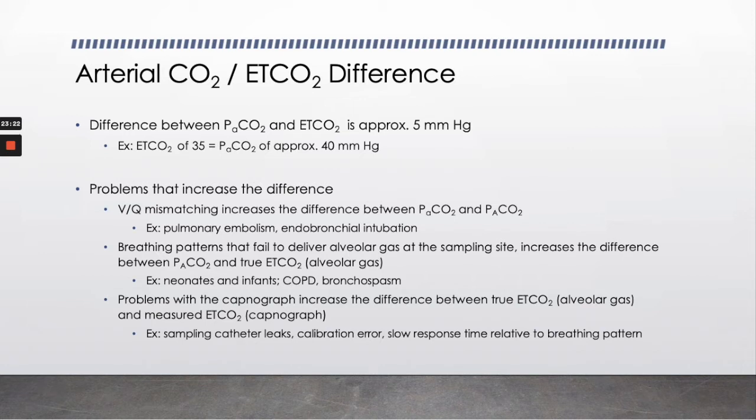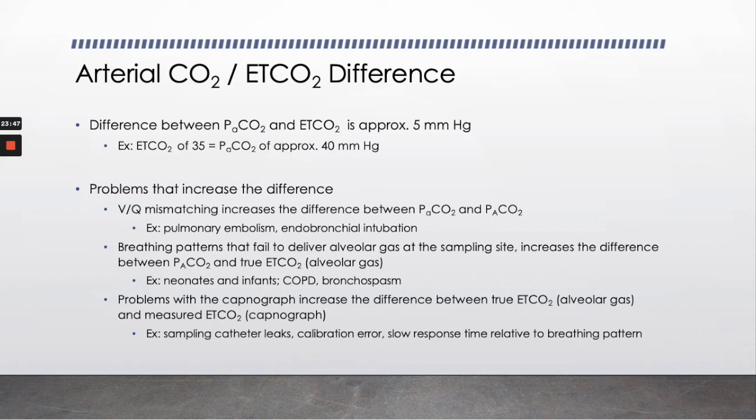And if we have problems with the capnograph itself, that increases the difference between the true end-tidal CO2, the alveolar gas, and the measured end-tidal CO2, what we see on the monitor. Examples would be a sampling catheter leak, a calibration error, which sometimes can happen, and a slow response time relative to the breathing pattern.